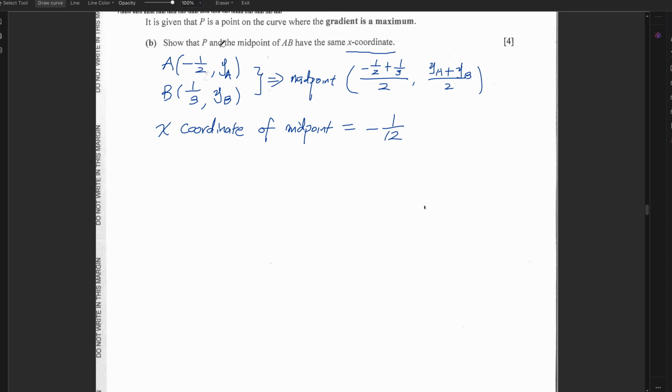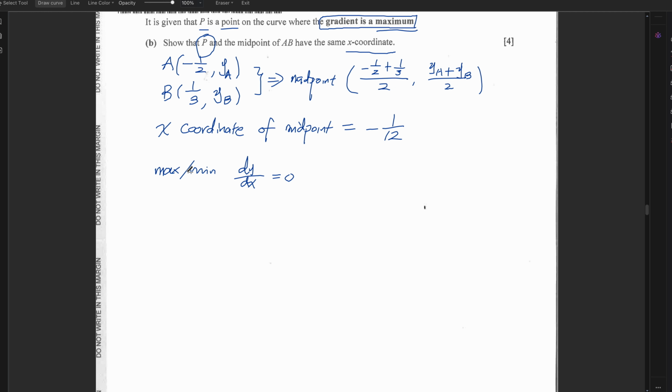And let's talk about P. P is a point on the curve where the gradient is a maximum. Okay, note that the gradient is a maximum. Whenever we talk about max or min, we will deal with dy dx equals to 0 first, right?